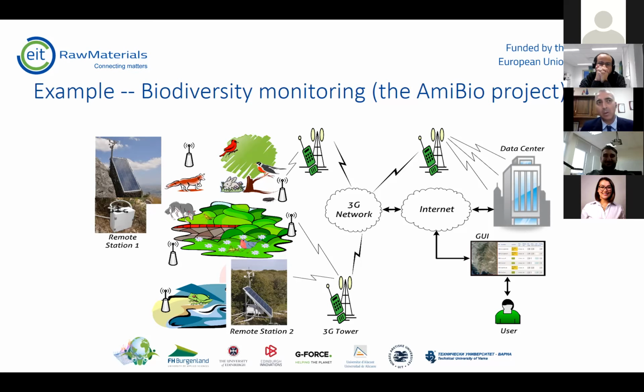In the long term, with such recording stations, you can identify the dynamics of their population. And if you monitor some key species like bees, insects, frogs, you can even predict what is going to happen with the population of birds that use them for food.